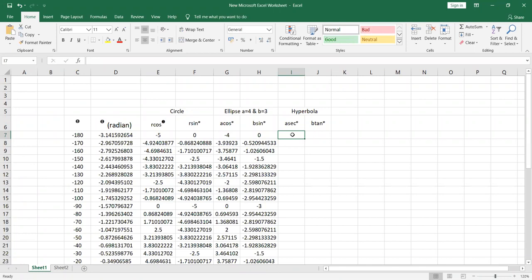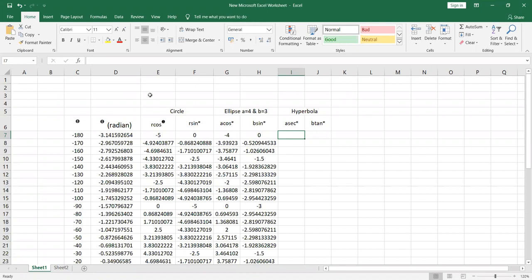Now, can anybody tell me about sec theta? What is sec theta? What is the formula for sec theta? It is 1 upon cos theta, right?